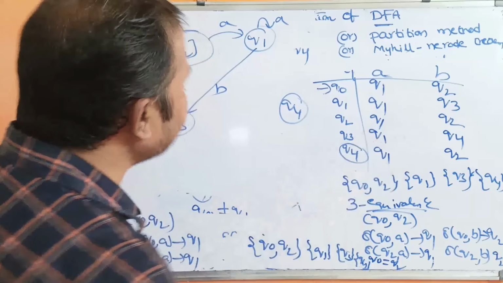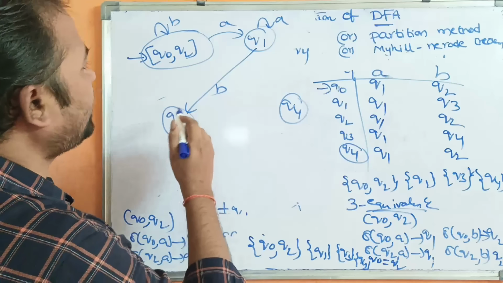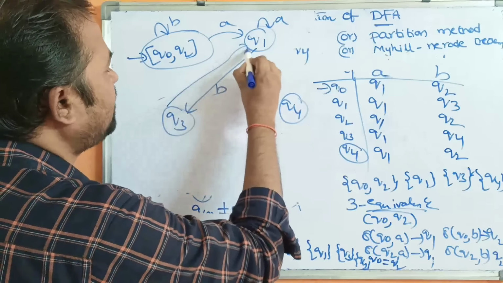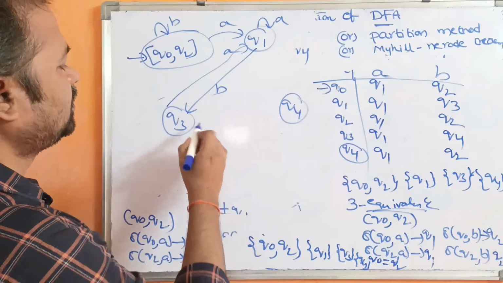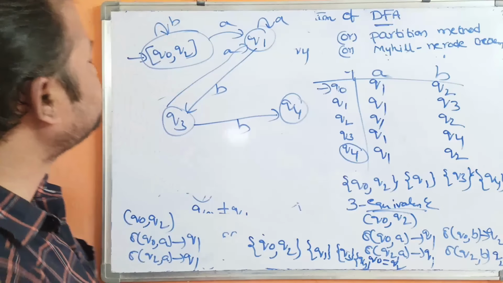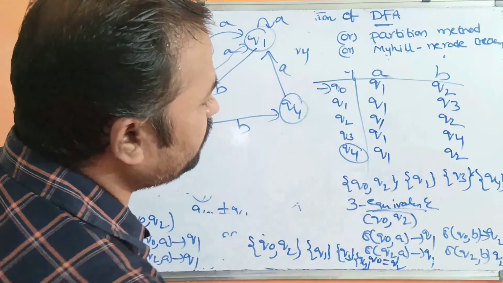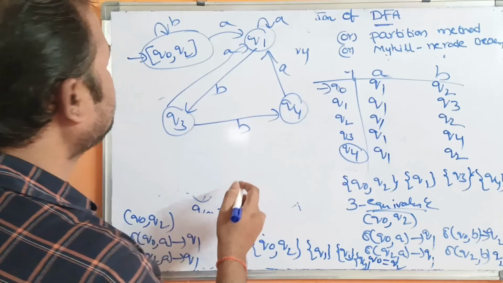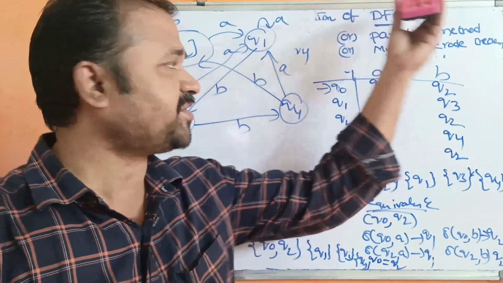Next Q3 on A means Q1, Q3 on B means Q4. Next Q4 on A means Q1, Q4 on B means Q2. So this is about minimization of DFA.